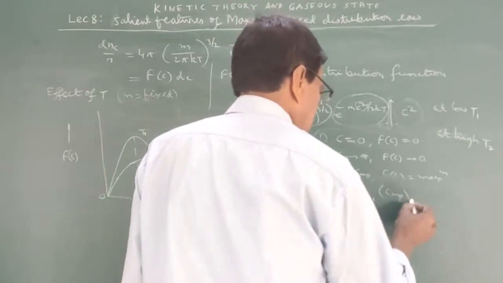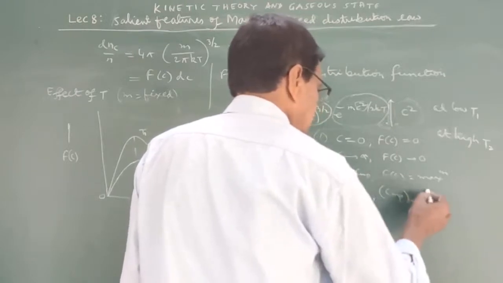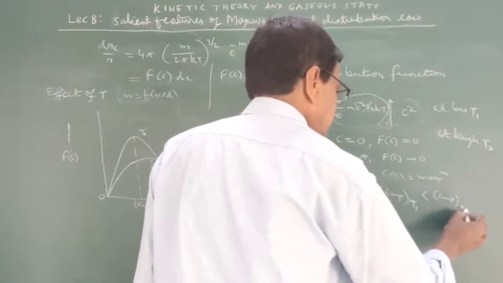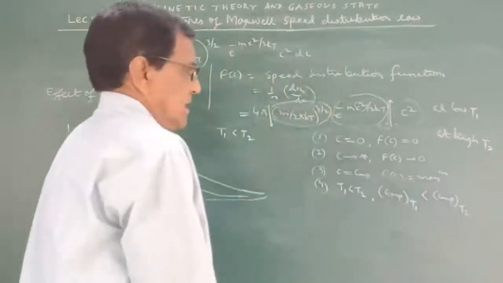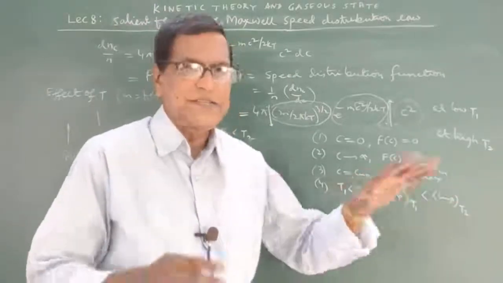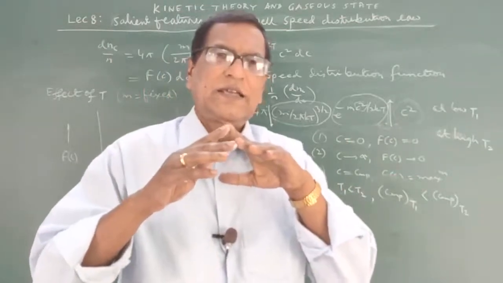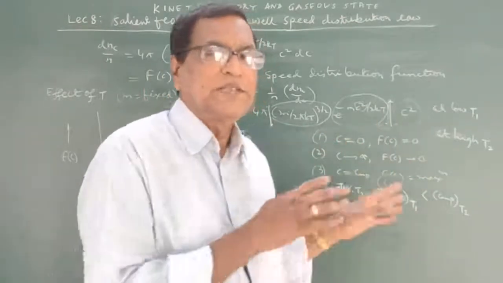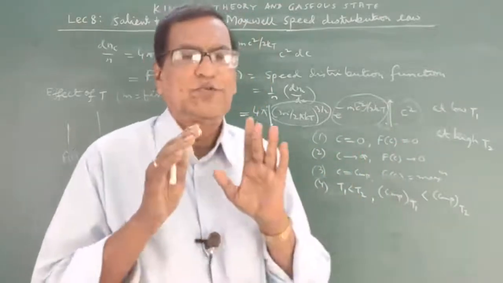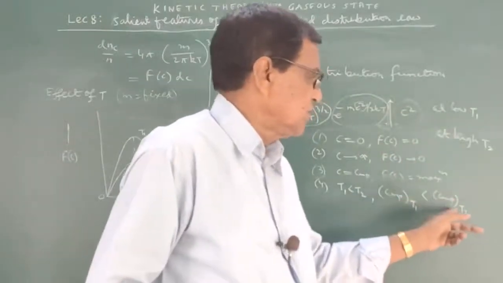CMP at a temperature T1 is less than CMP at this temperature T2. It is quite obvious that as the temperature is increased, the thermal energy of these gases will be increased, so more molecules will try to achieve this higher speed, and so the most probable speed is also higher.